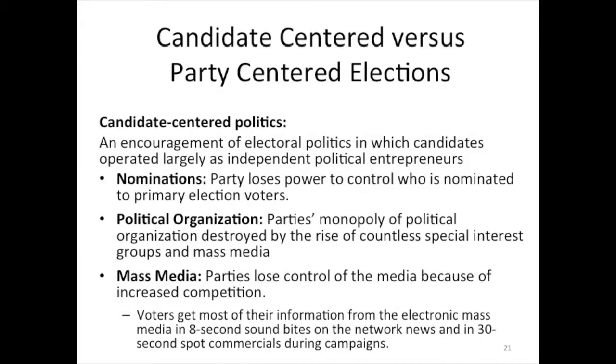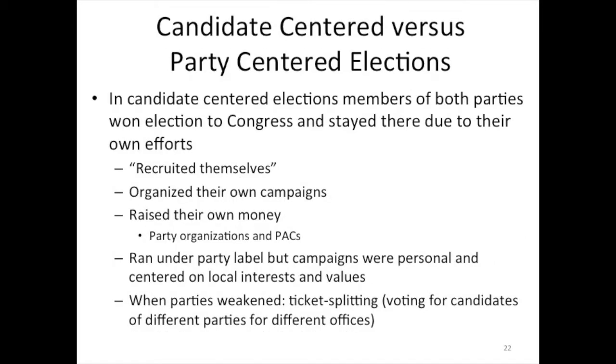A few changes in the process and the law placed the emphasis off party and onto the candidate, where candidates were the focus of the election and not the parties. So at that point we had candidate-centered politics, an encouragement of electoral politics in which candidates operated largely as independent political entrepreneurs.